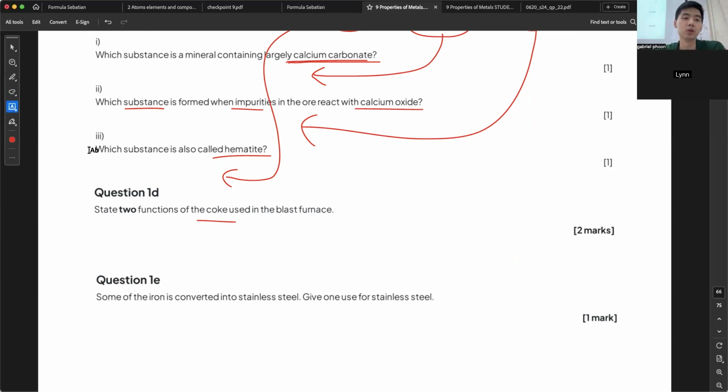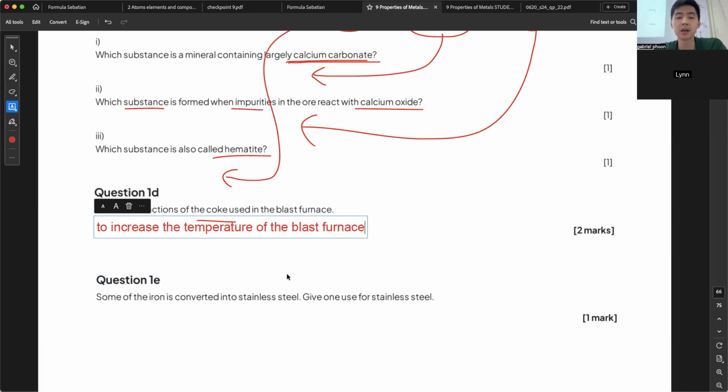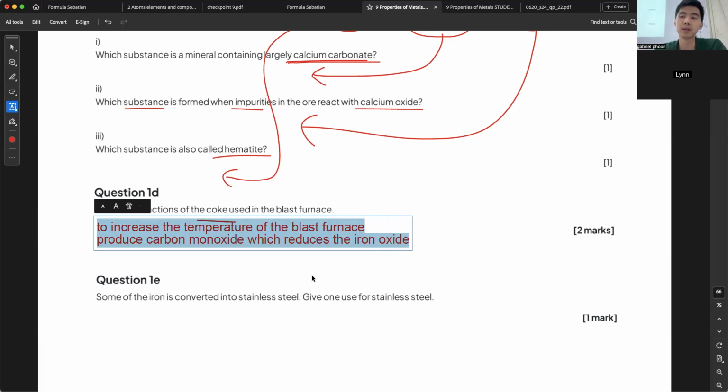Excellent, very good. So your answer should be to increase the temperature of the blast furnace, and number two, to produce carbon monoxide, which reduces the iron oxide. Bam! 2 marks.